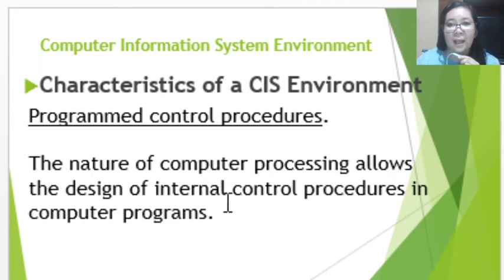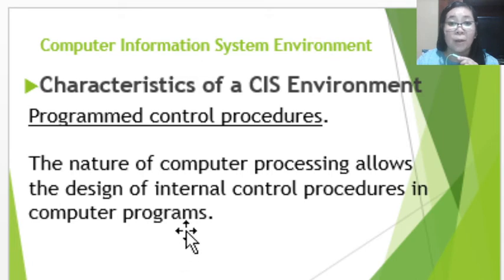Okay, and next, another characteristic of the CIS environment is program control procedures. So the nature of computer processing will allow the design of internal control procedures in the computer program. So the internal controls or the procedures can be installed along with the programs.